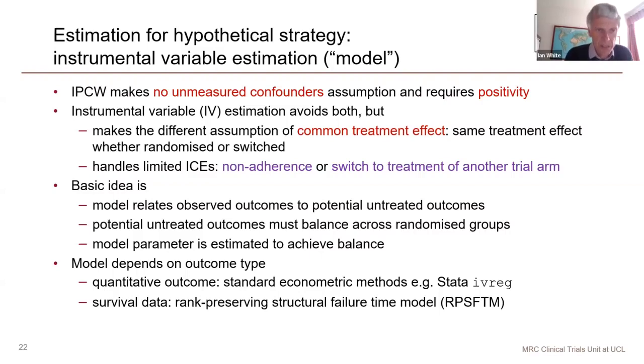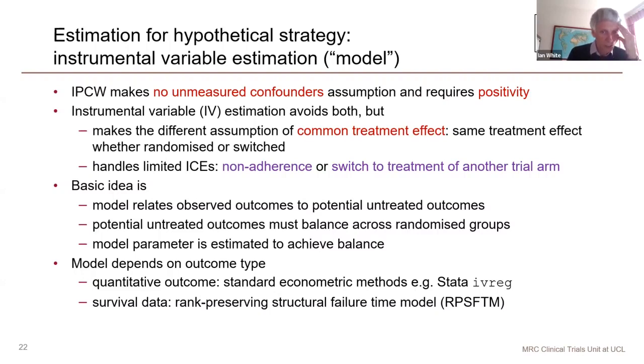And primarily this approach is most appropriate for non-adherence or for switching to treatment of another trial arm. And very roughly, the idea is that we have a model that relates the observed outcomes to the potential untreated outcomes. They must balance across randomized groups. And so we find a model parameter that achieves that balance.